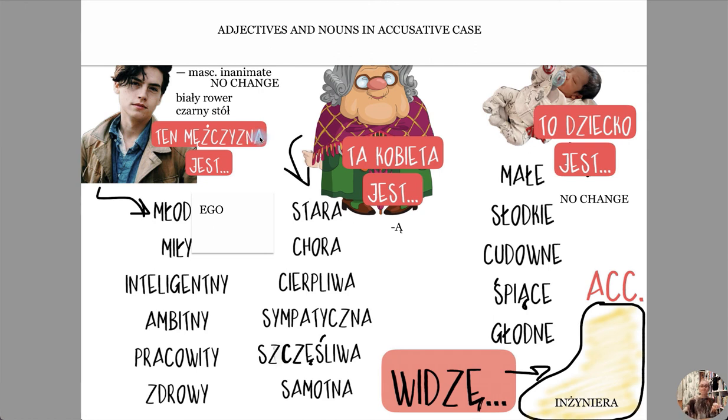So do you remember what was the ending? What would be the ending for kobieta? How would we change that a in accusative? The ending for the feminine noun would be ę. So therefore, mężczyznę.